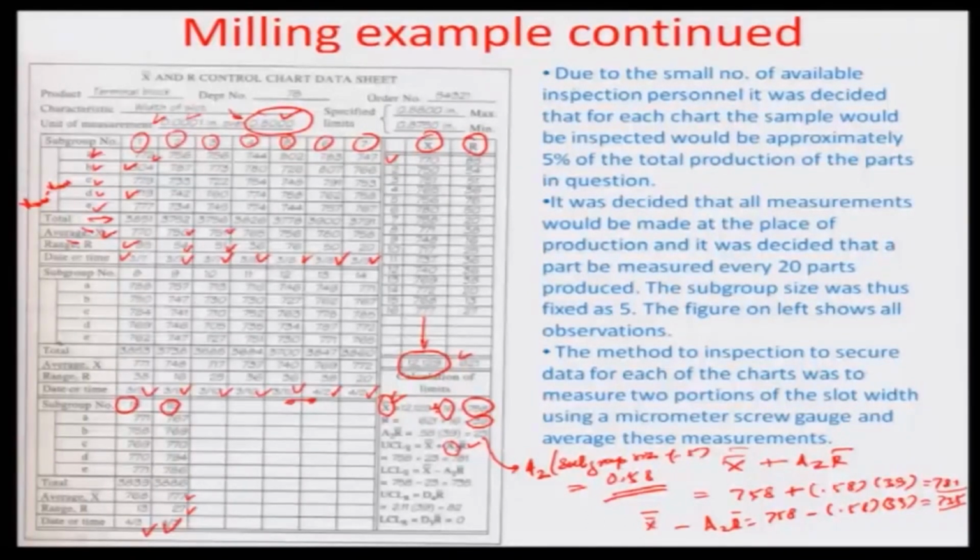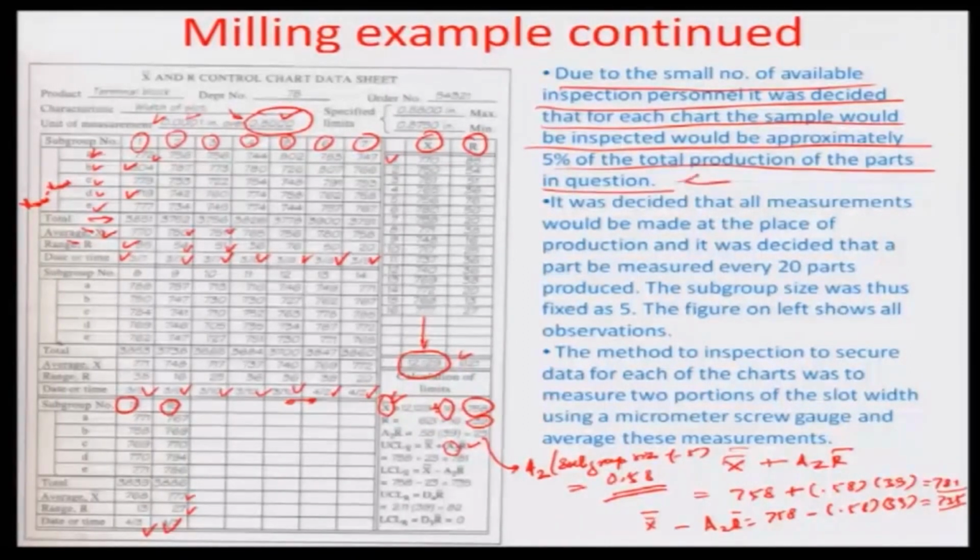Now, due to a small number of available inspection personnel, it has been decided that for each chart the sample would be approximately 5% of the total production of the parts in question. So, this number, that is a subgroup of 5 repeated x number of times during a day, is essentially the 5% production limit used for determination.